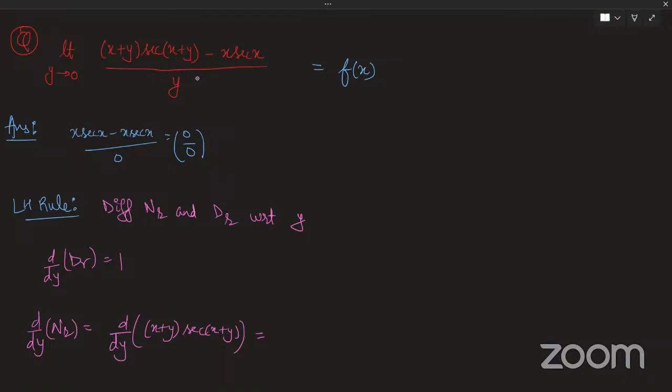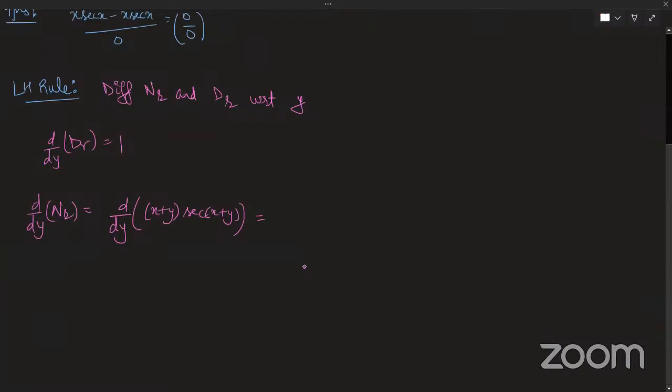What will be the derivative of the first function with respect to y? What is the derivative of x plus y with respect to y?